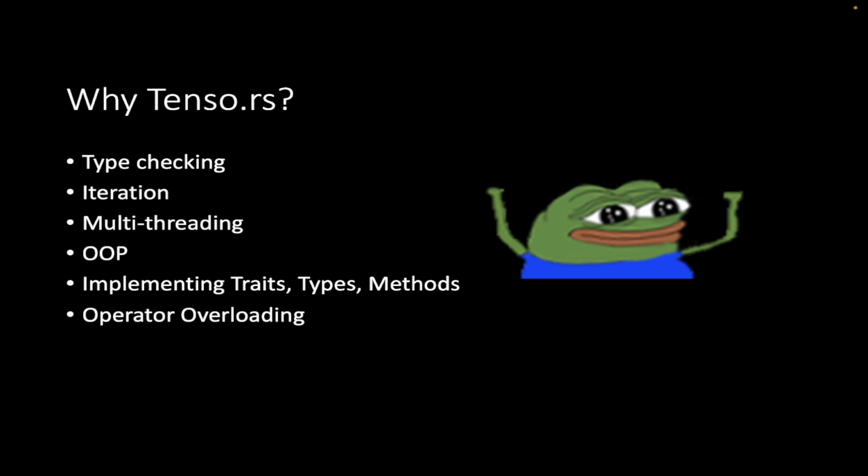You're going to get exposure to type checking, iterating through the rows and columns of the matrix, parallelizing the multiplication, object-oriented programming, implementing traits, types, methods, operator overloading. So just by doing this relatively simple thing, we're going to get exposure to a tremendous amount of the Rust ecosystem. And that's going to be really helpful for understanding how the language actually works.